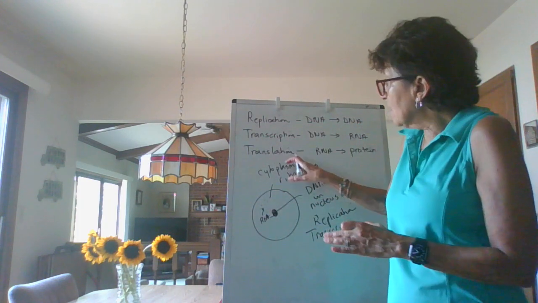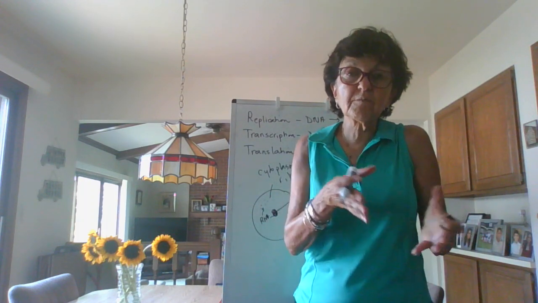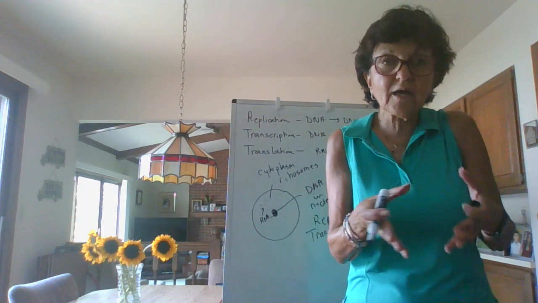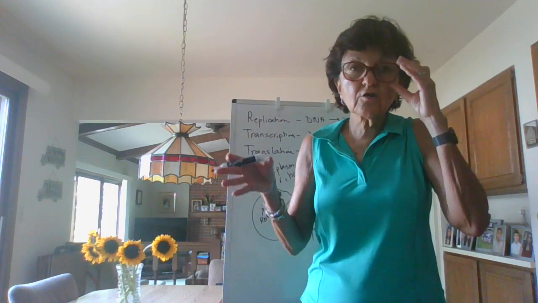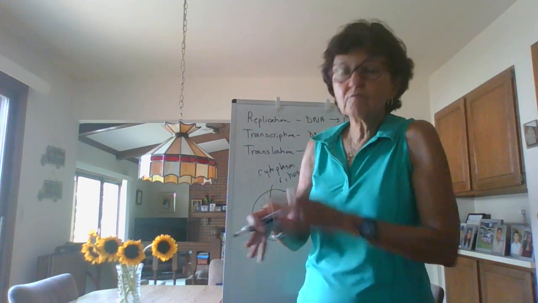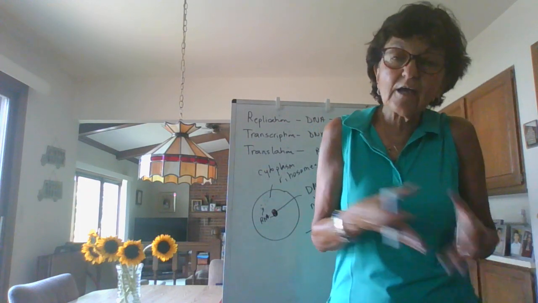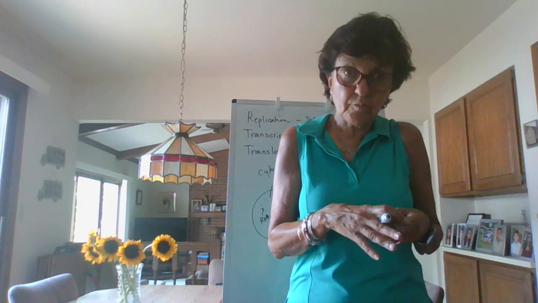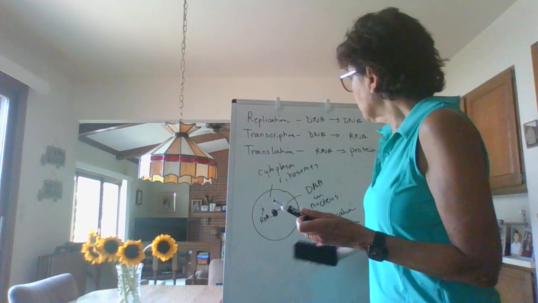What is happening there? That process where your RNA is giving information to get those amino acids to make a protein, that's called translation. So you're translating nucleotide language, which is in the RNA, and turning it into amino acid language in order to create your protein.